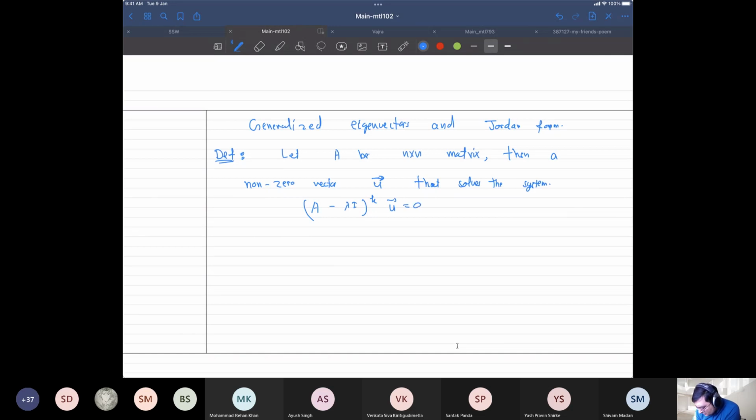Of course, when K is equal to 1, this becomes a standard eigenvector. Okay.